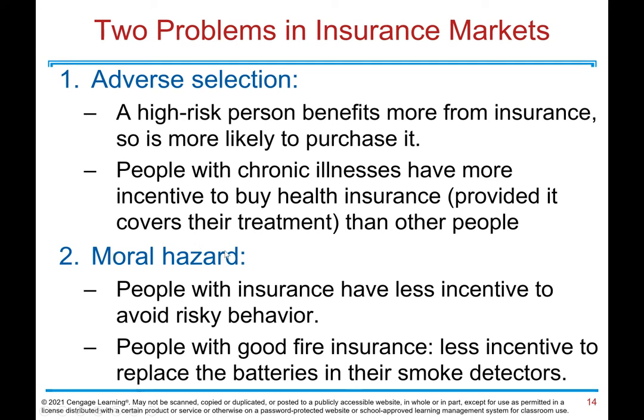Number two, moral hazard. People with insurance have less incentive to avoid risky behavior. People with good fire insurance have less incentive to replace the batteries in the smoke detectors.